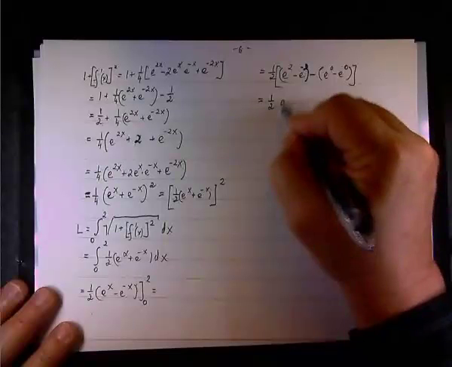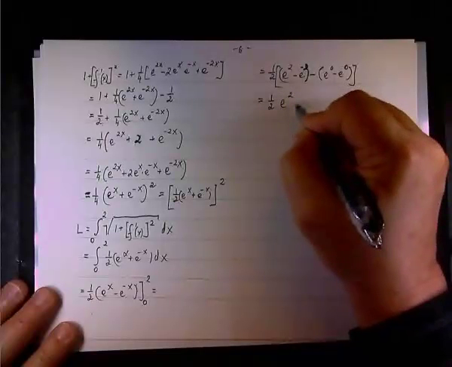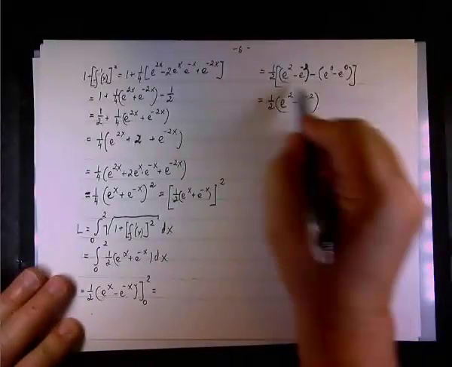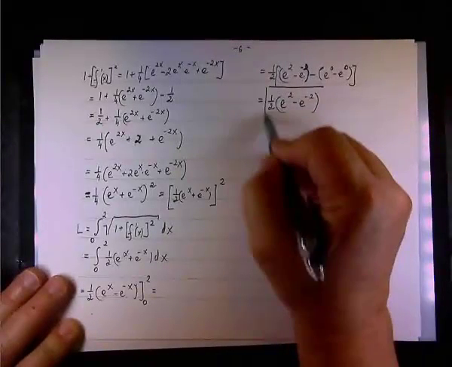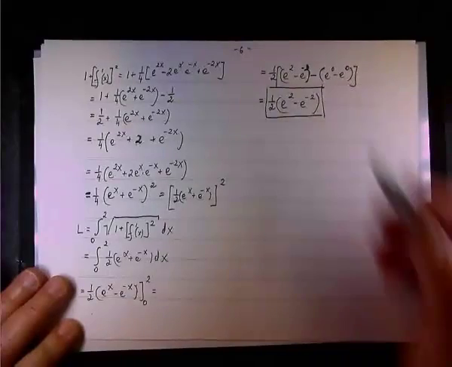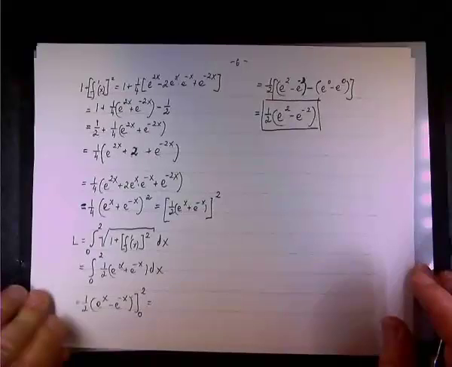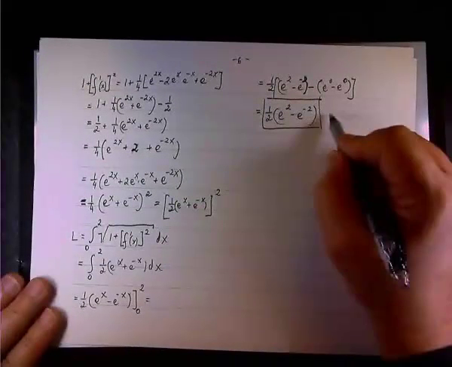Okay? Let's see. 1 minus 1, this goes away, and here we have this result. So it will be 1/2 (e to the 2 minus e to the negative 2), like so.